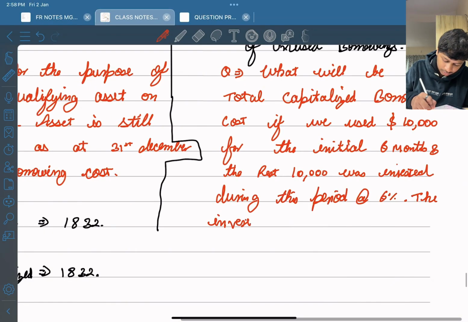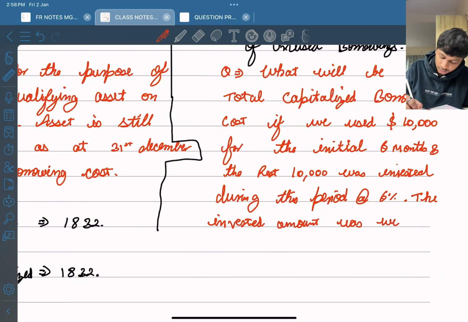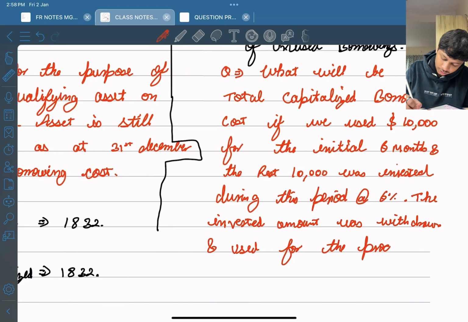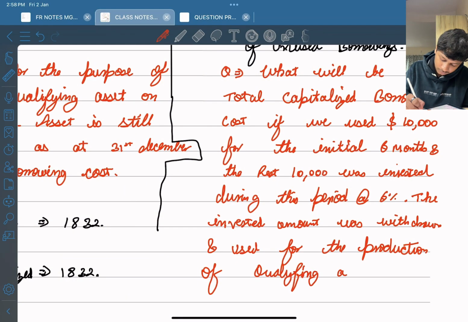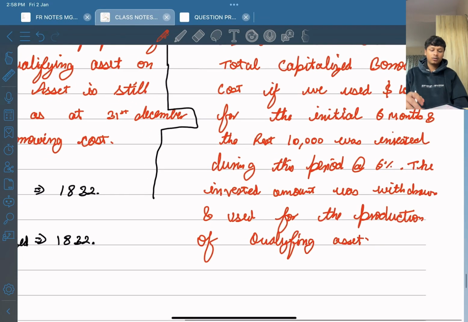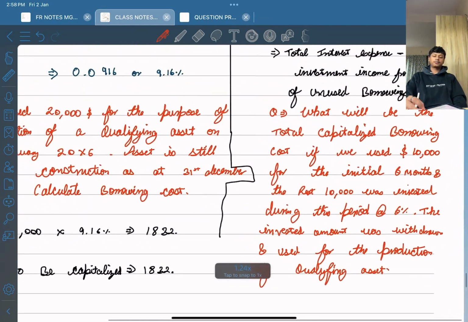The invested amount was withdrawn and used for the production of qualifying asset. Okay, this is the question.